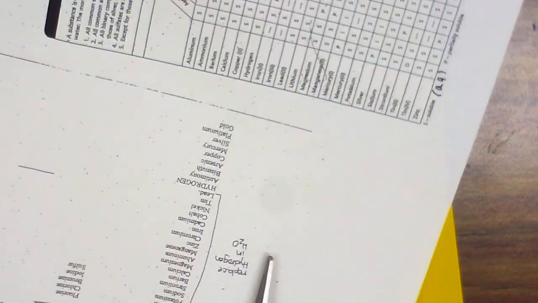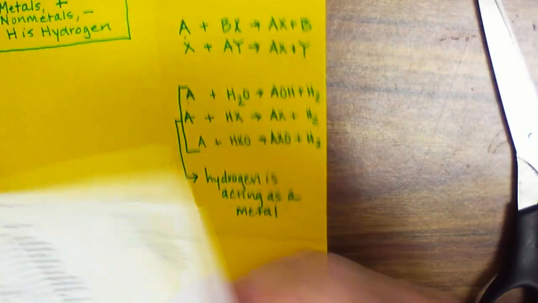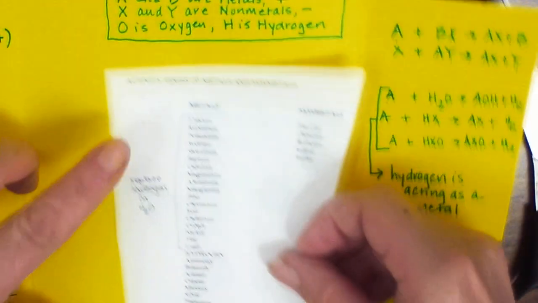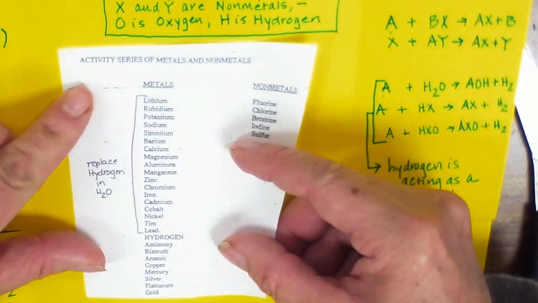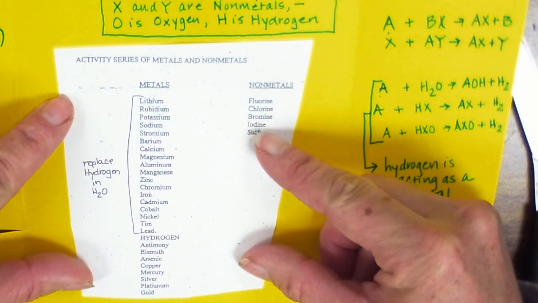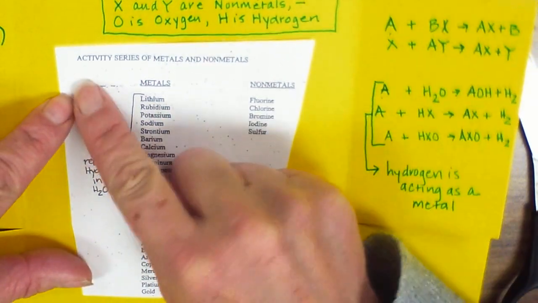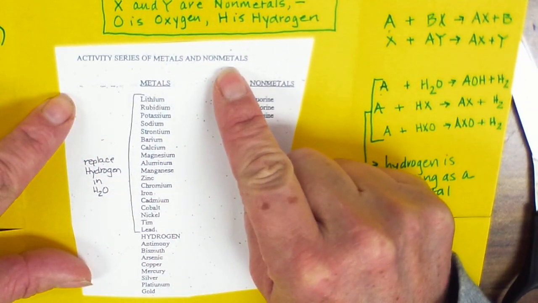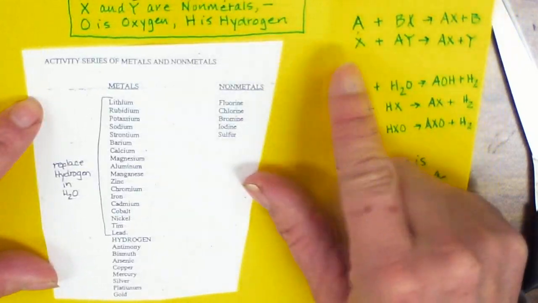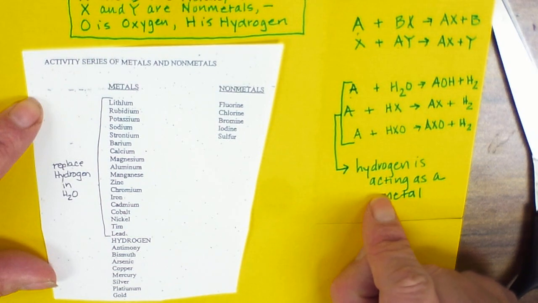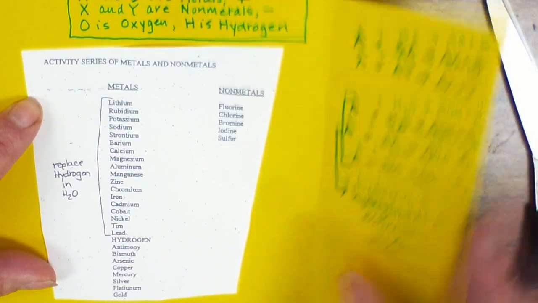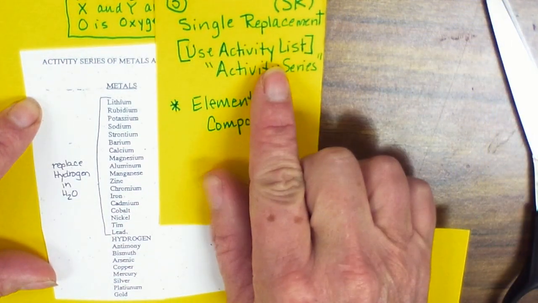All right, so let's do that. Okay, so I've cut mine out, and I'm going to glue it right in here, right underneath. I can center it right underneath here. See that? I'm going to glue it, and it says activity series of metals and nonmetals. And so now, when I go to look up, oh, is this going to go? I have to access my activity list.